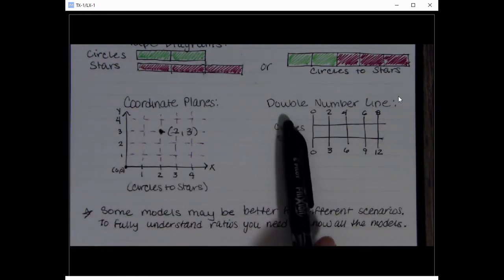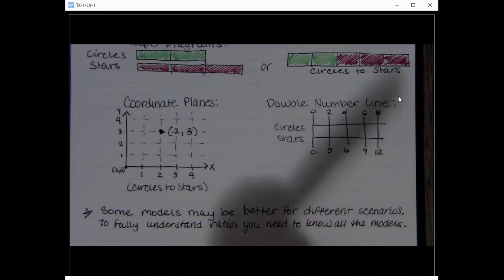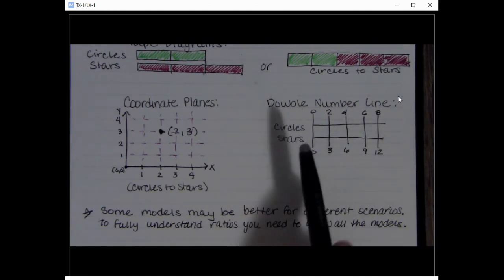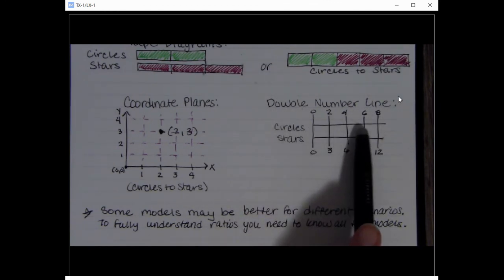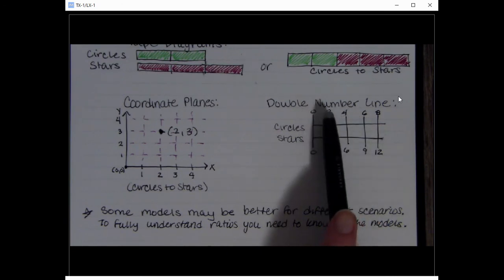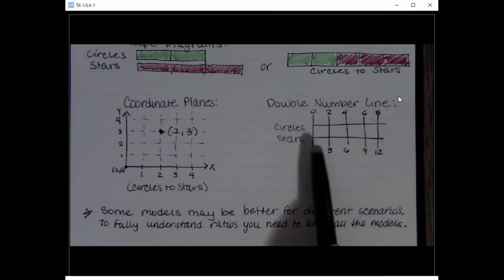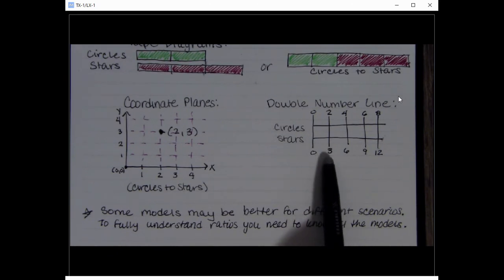And the last is what's called a double number line. This line takes the amount of circles, goes down the line right here. So our amount of circles was 2. And then the amount of stars would be down below for where our 3 is.